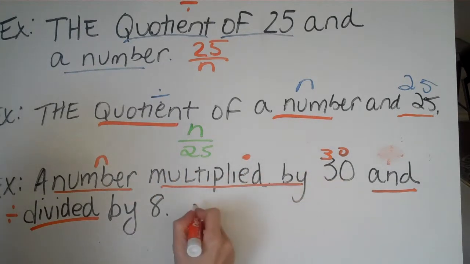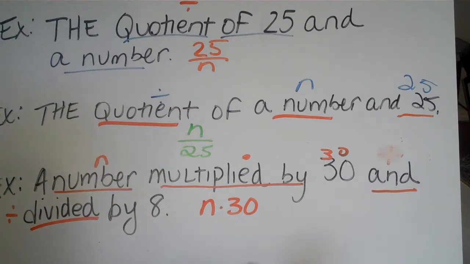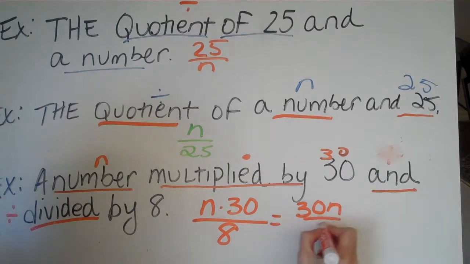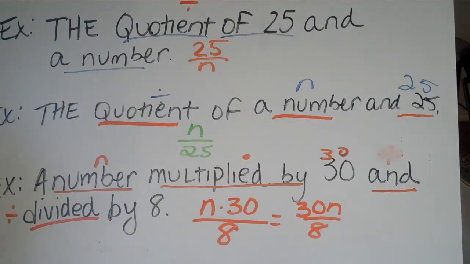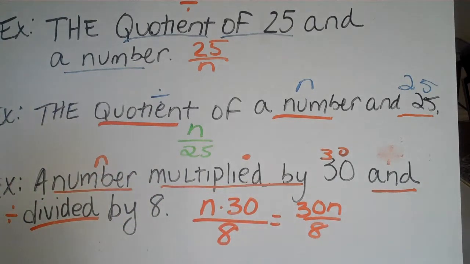A number multiplied by 30, that would be n times 30, and divided by 8. And that's it. You can also rewrite this as 30n over 8. You kind of have to reread these, re-say them, just like I'm doing right now, and put the symbols on top and it will all make sense.